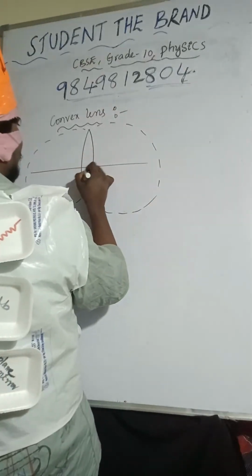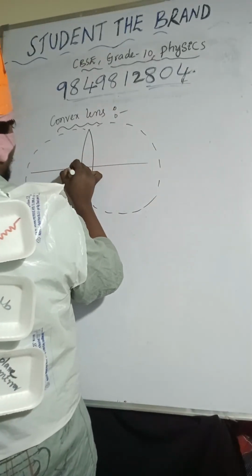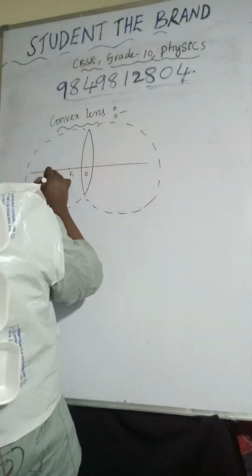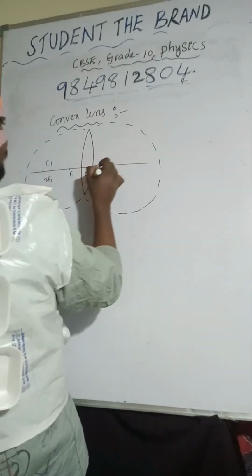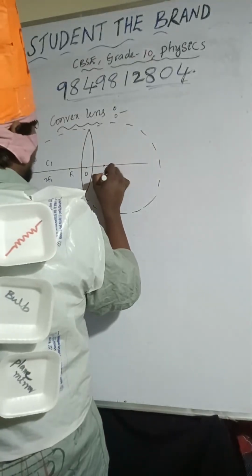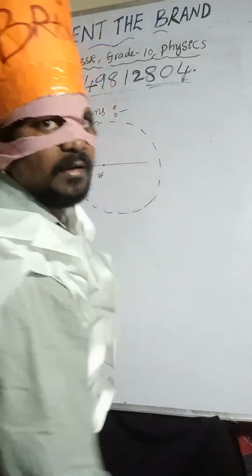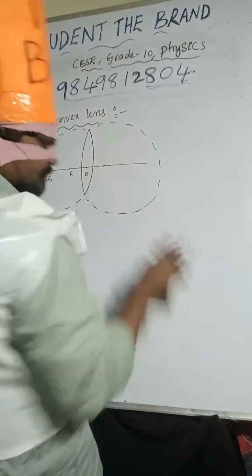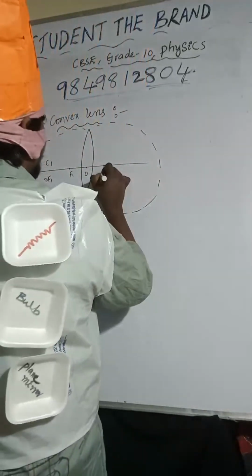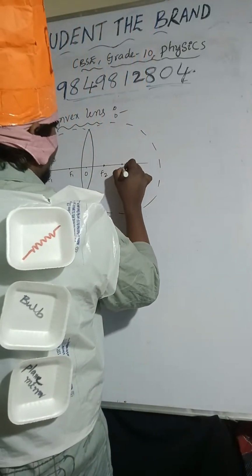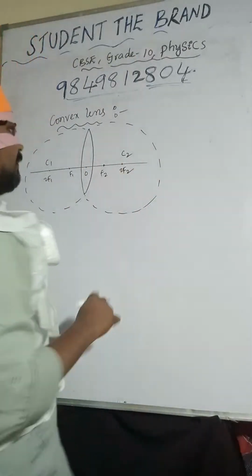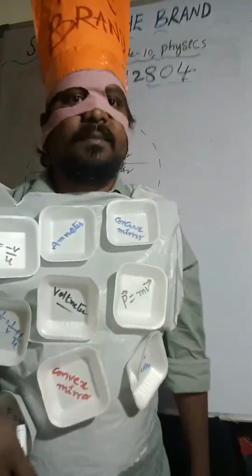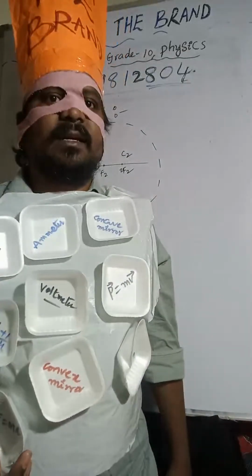This is the optic center. So here F1, 2F1, or we can also take C1, then F2, 2F2, and also we can take C2. I hope it is very clear.